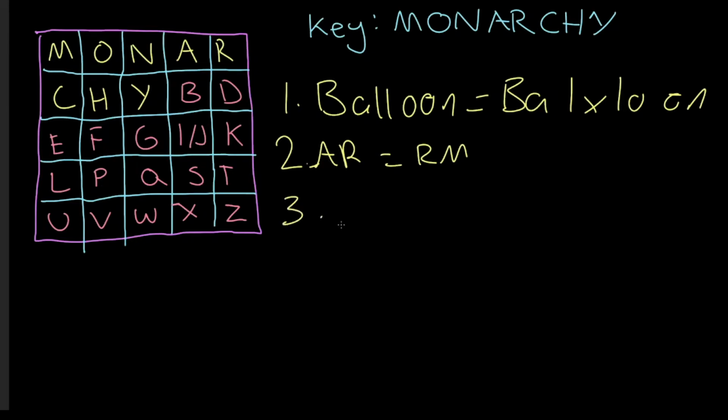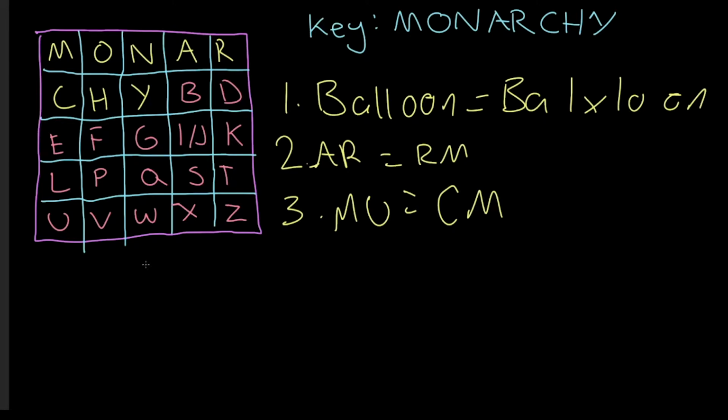The third one is if they fall into the same row. For the example, we use M and U. So M falls down and becomes C, and U wraps back up to the top and becomes M. And that's our 3 rules.